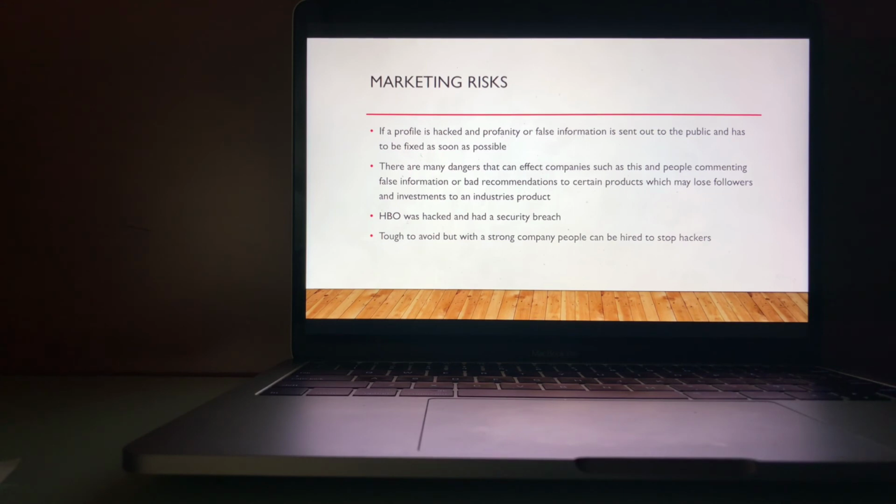So I stated this a little bit before. If on social media people could comment and say vivid things that might be wrong about the product, or bad recommendations, this could really hurt that certain company and what they're trying to bring out to the public eye, and to get investments for the product they're bringing out. So there was a problem.